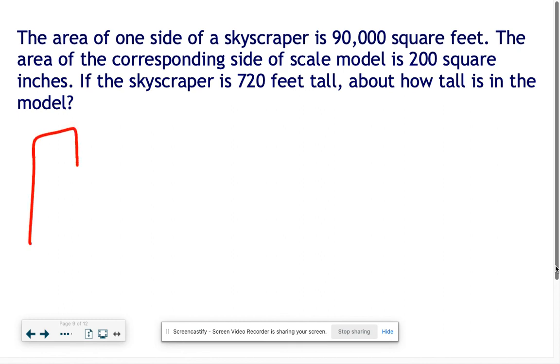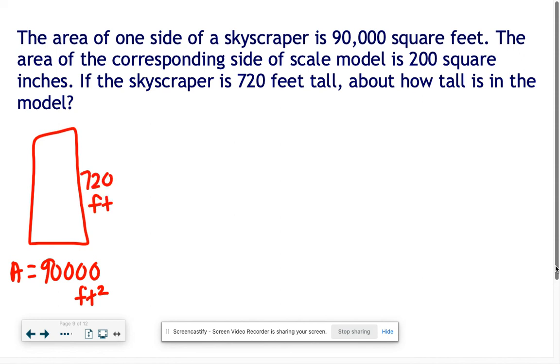Sure, just draw a big one. Area equals 90,000 feet squared. It has a side length of 720 feet. Our little model here has an area of 200 inches squared, and we're looking for the side length.